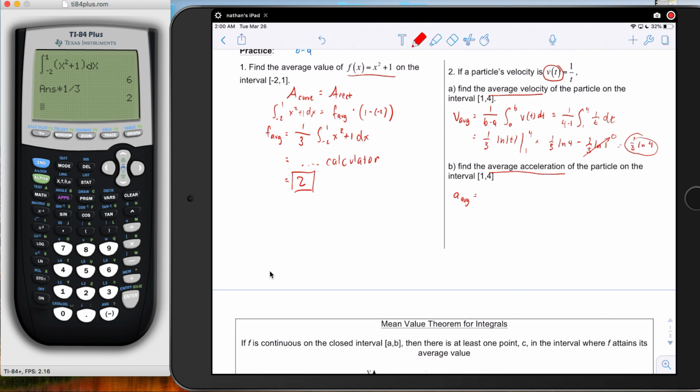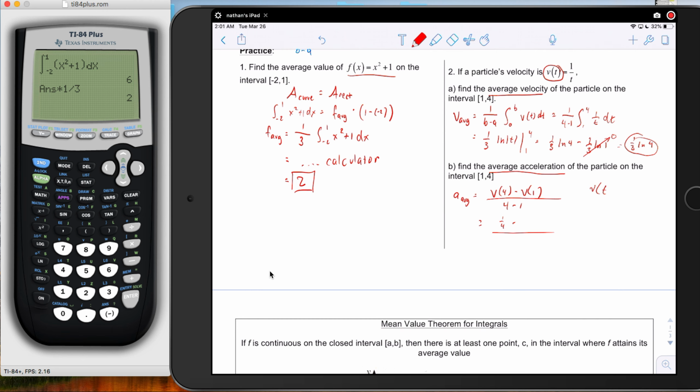It's just the slope, right? So it's the final velocity minus the initial velocity over the difference. So v of 4, oh, I am so sorry, not a of 4, but the velocity of 4.